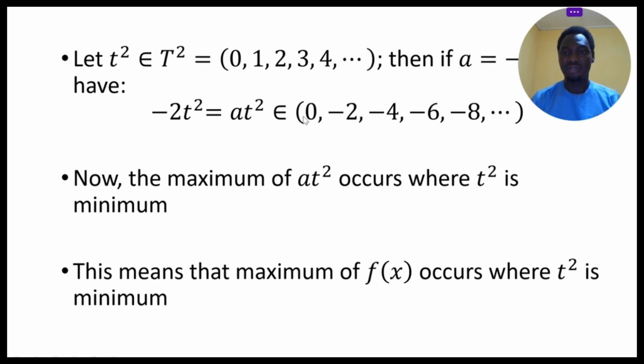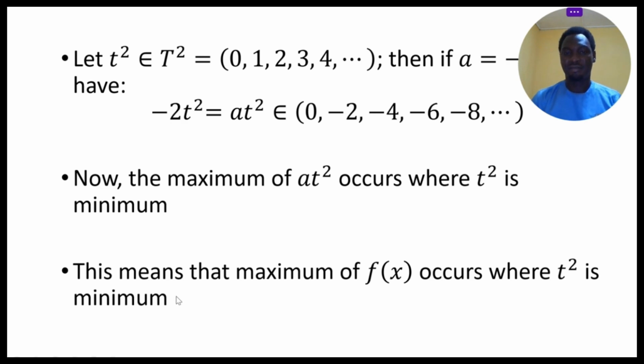It happens to be 0 over here, but that's not the point. Assuming we started from 1 going, then this sequence would have also started from -2 going. And again, we would have found that the maximum will occur where this is minimum. So that's the explanation to at squared having a maximum, because a is a negative constant and t squared has a minimum.